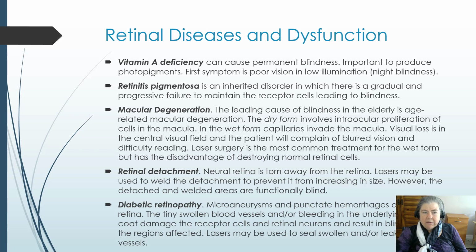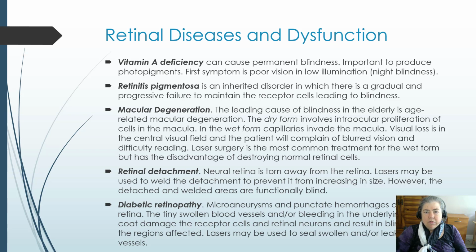There are a number of retinal diseases that can cause trouble with vision. People who have vitamin A deficiency quit producing photopigments and can actually develop permanent blindness if it's profound vitamin A deficiency. But the earliest symptom is poor night vision because of a lack of adequate photopigments in rods. So poor vision in low illumination.